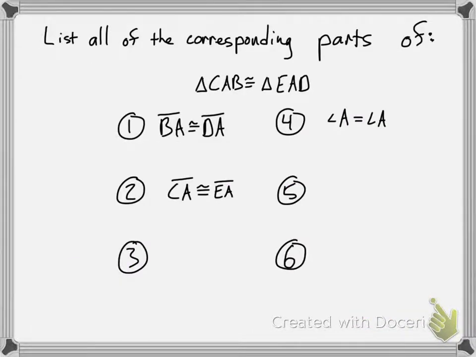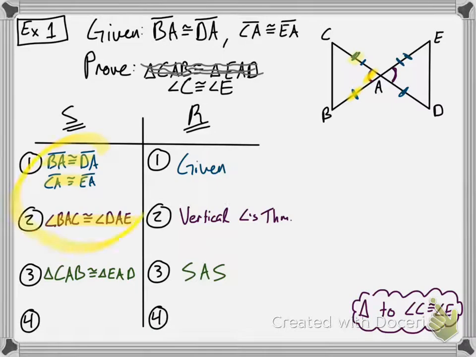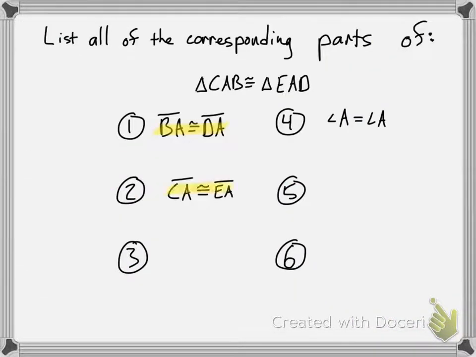All right. So think back to 4.1 where we were listing all the corresponding parts, and so far in our proof, we have proved these three pieces of information. Well, we could also say that we have CB is congruent to ED.